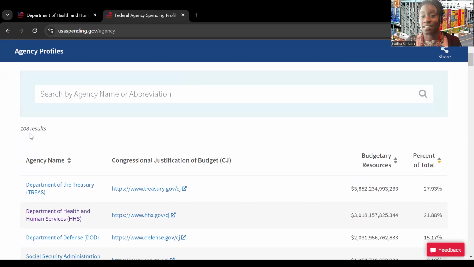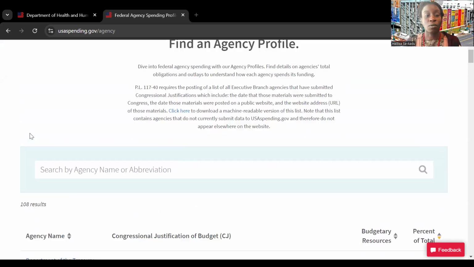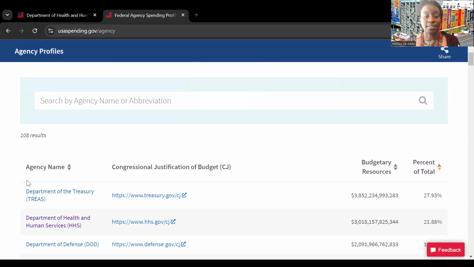When we just scan this, we've got all 108 agencies listed, starting with agency name, then the congressional justification of the budget. So we can see the Congress's articulation of why that agency is required, and then the monetary amounts of spending allocated, as well as the percentage of the federal budget that the agency takes up.